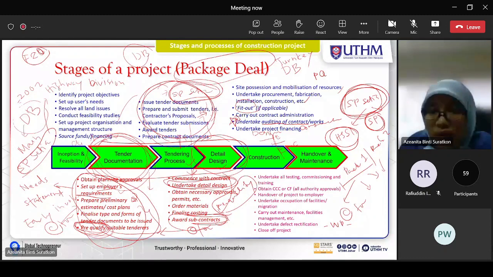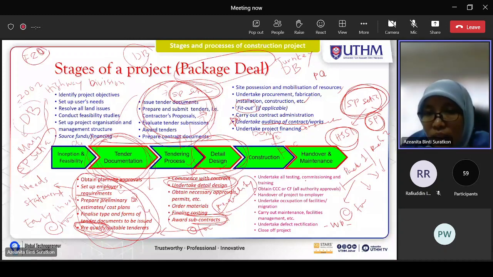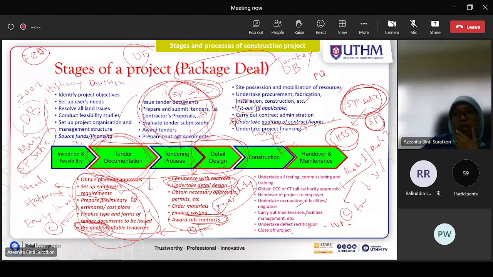And then handover and maintenance, I think the rest is similar. Obtain CCC or CF, and over project 2, employer and detection of safety, carry out maintenance, undertake defect rectification and close off the project. Right, that is the difference.